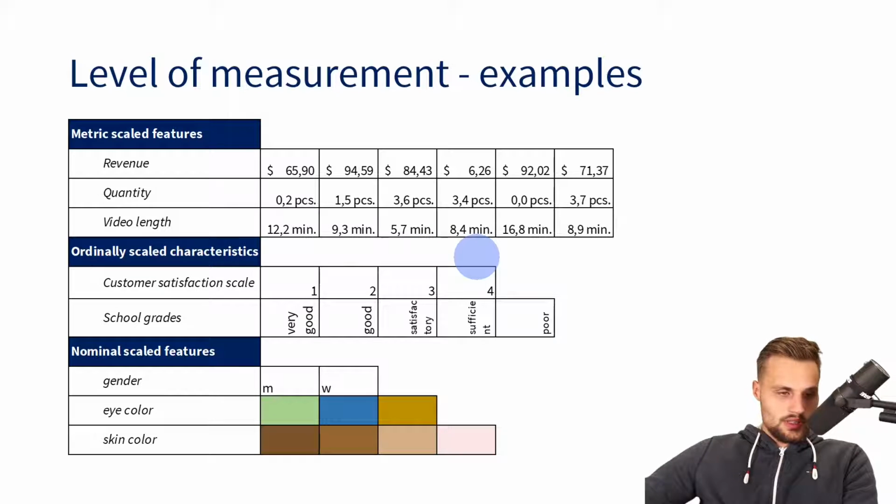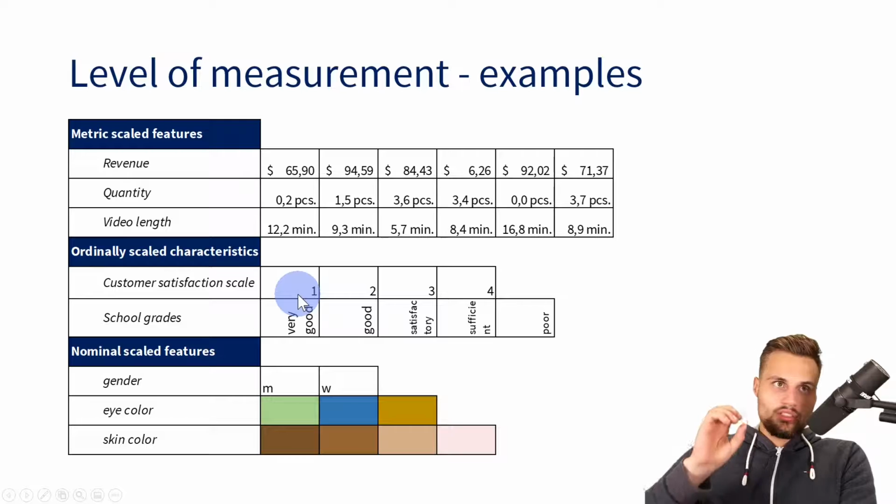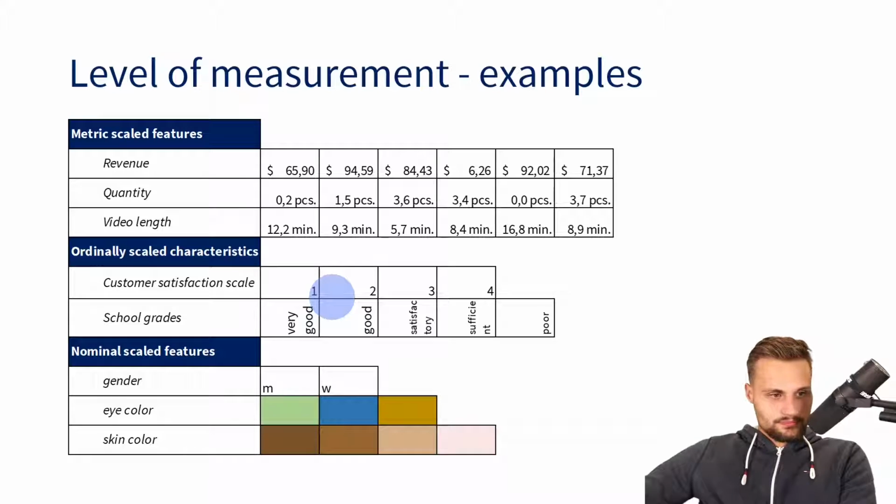And 4 would be dissatisfied. Then also the school grades, there we can also claim that one school grade is better than the other. So we can also create a natural ranking, but we cannot say how many units there are. So we cannot quantify the distance or the differences between.